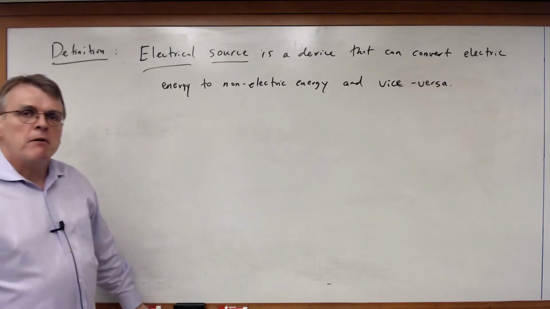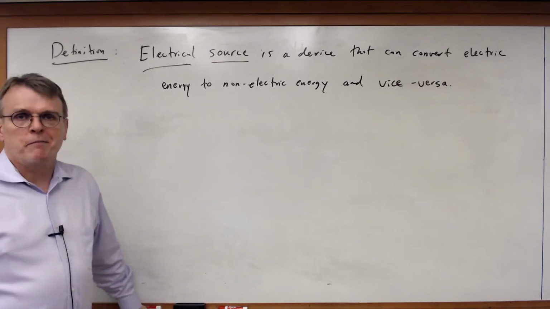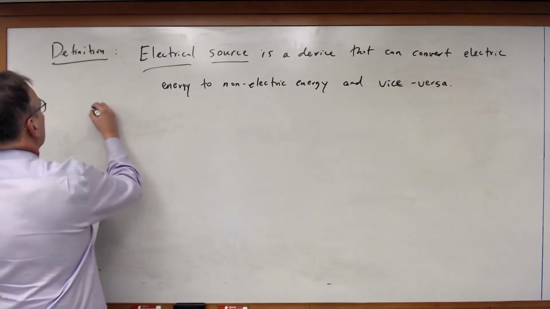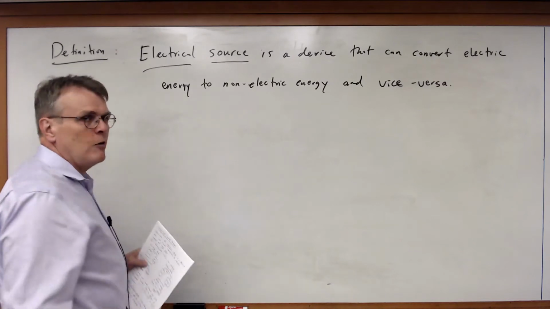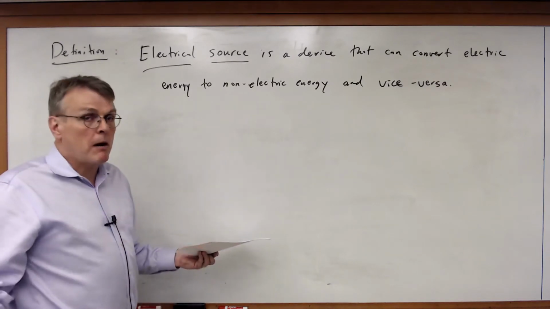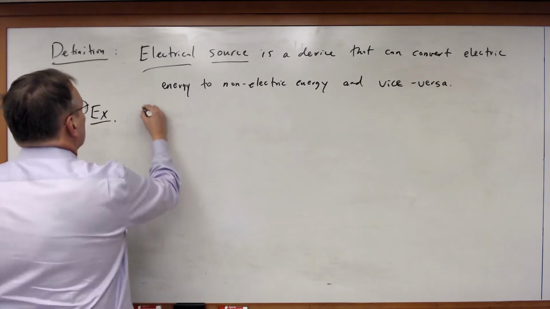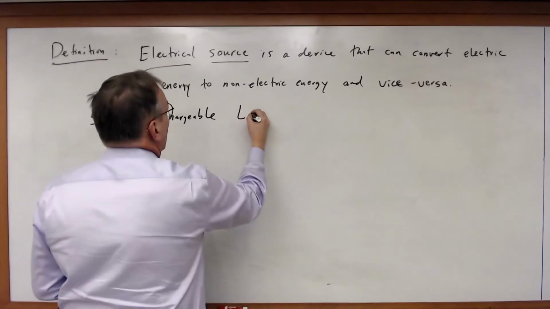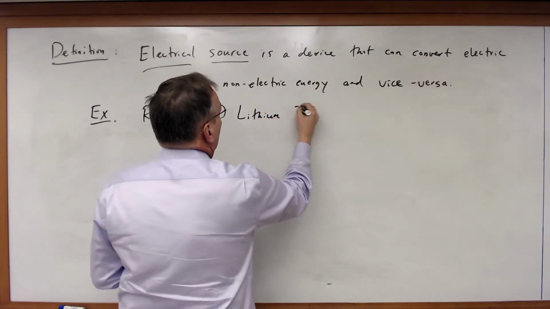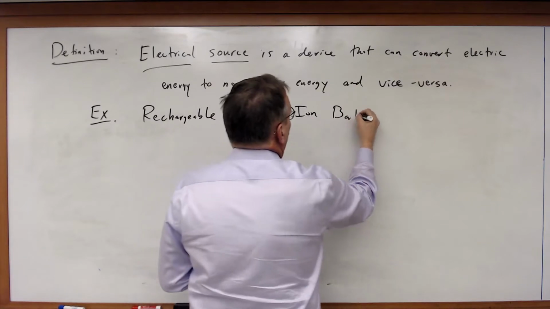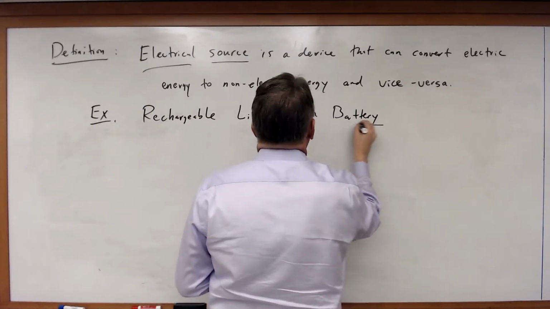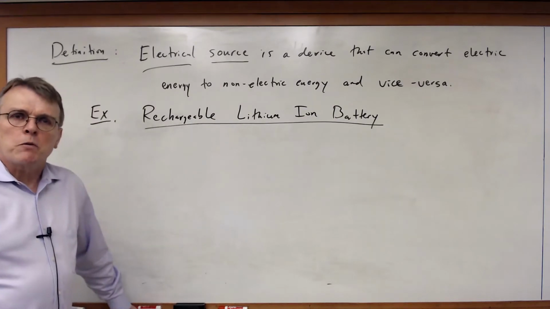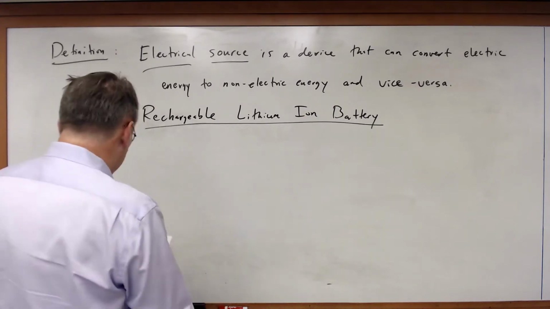There's a very simple example of an electrical source you guys are all familiar with because you probably carry one with you every day. And that is the rechargeable lithium-ion battery that's in probably all of your electronics. So a lithium-ion battery can be considered an electrical source. And what do we mean by that? Well, let's consider how we use one.